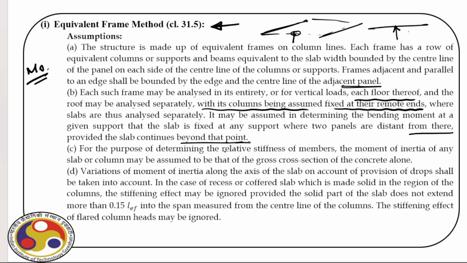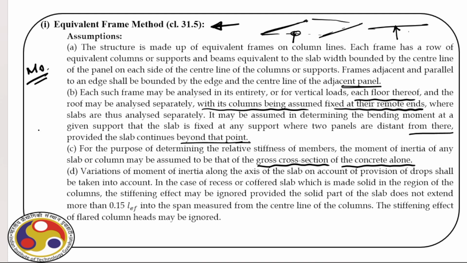For the purpose of determining the relative stiffness of members, the moment of inertia of any slab or column may be assumed to be that of the gross cross section of the effective concrete alone.